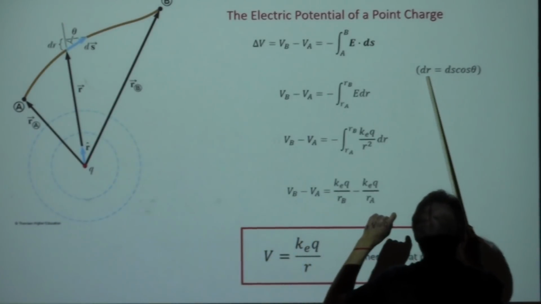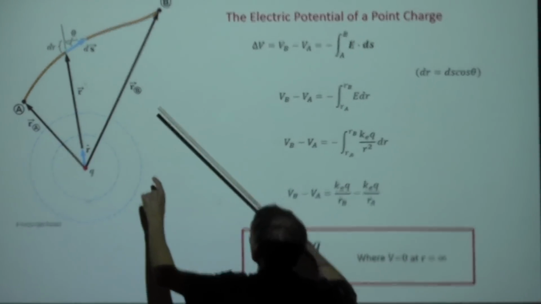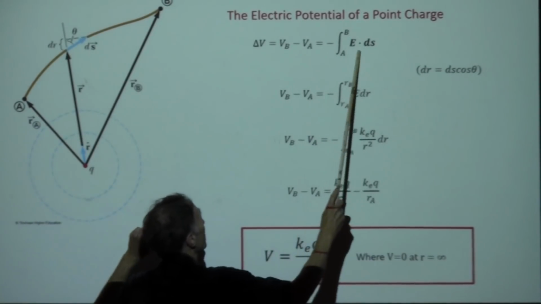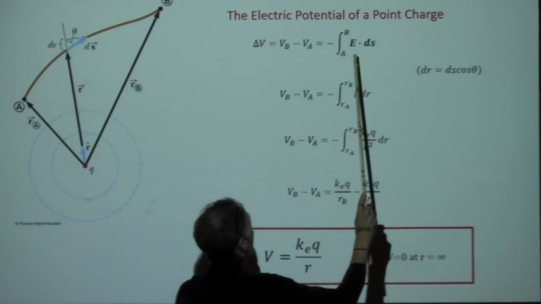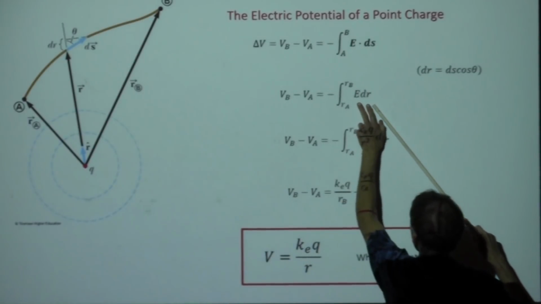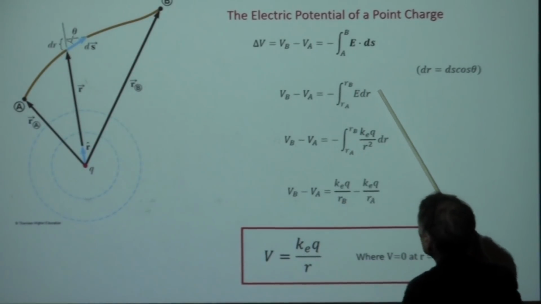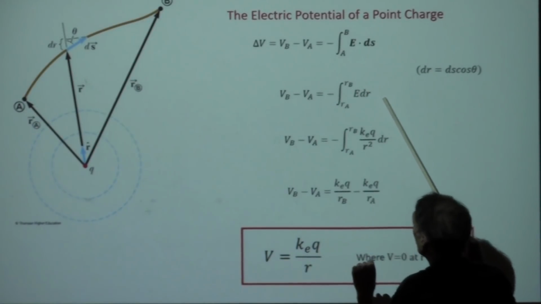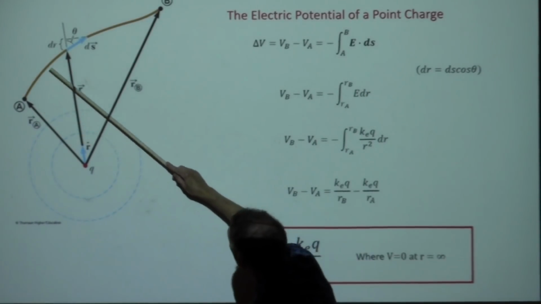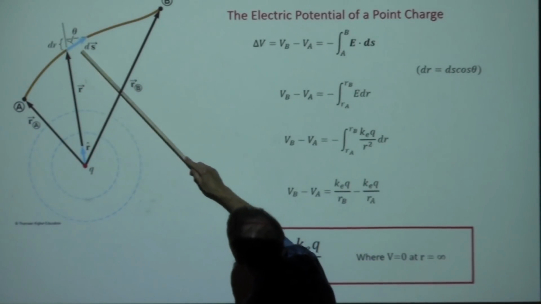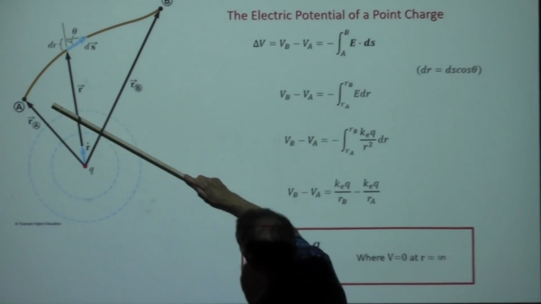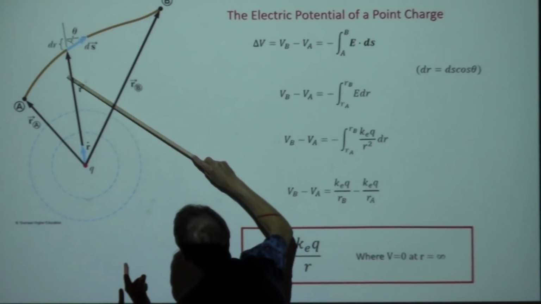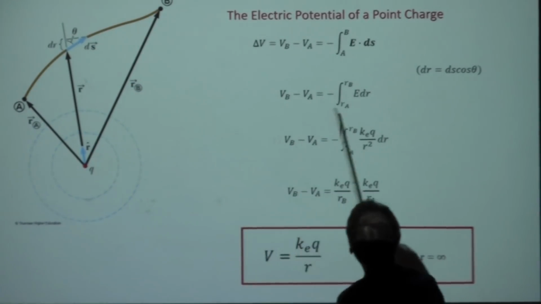And we can see that dr is equal to ds times the cosine of theta. So I'm able to simplify this integral and go from a dot product to a simple scalar here. And you'll notice that the change in the potential only depends on how r is changing, not the fact that I'm going off at some angle. How does it change as I go from A to B? As far as in the r direction, how far am I taking this thing out?